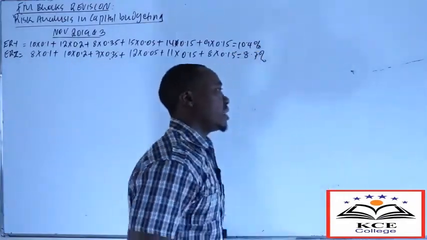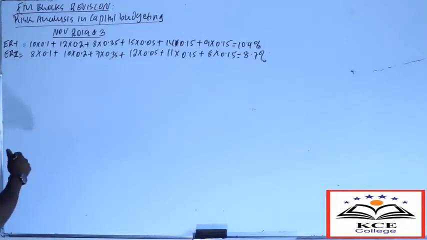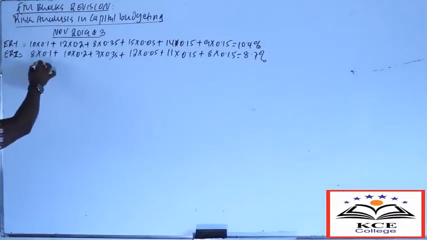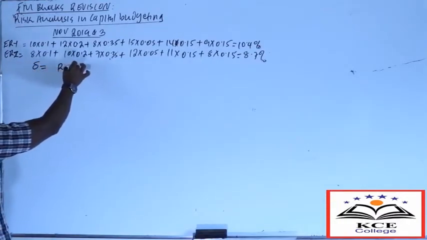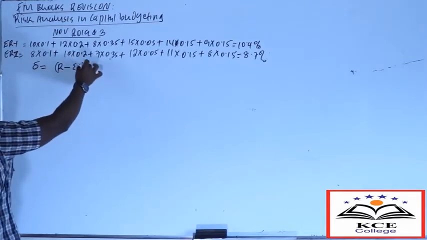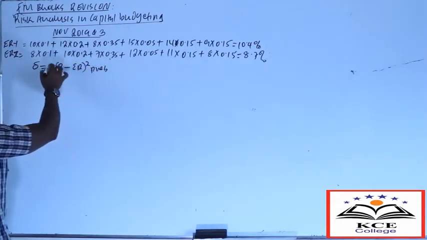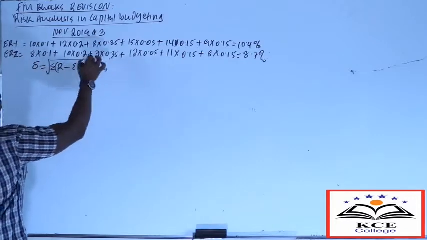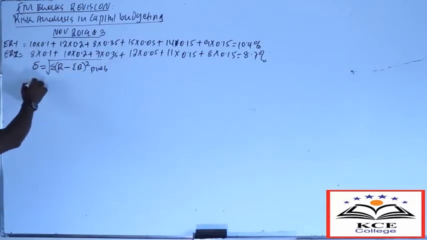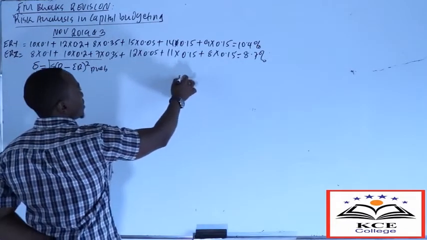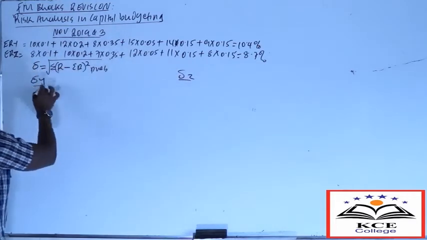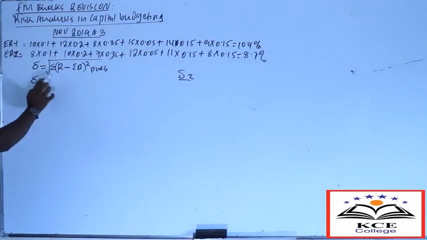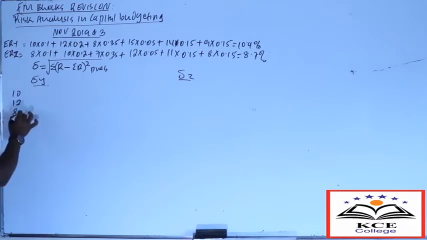Once you get the expected return, the question was to determine the standard deviation. How do you determine it? You take the returns minus the expected return, square, multiply by the probability, sum, and then take the square root. You compute the standard deviation of Y and of Z. Let's start with Y. Returns of Y were 10, 12, 8, 15, 14, 9.